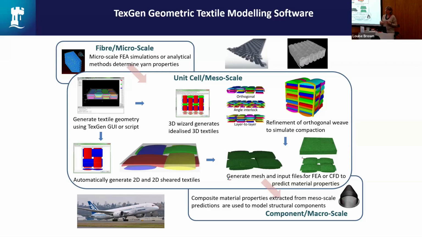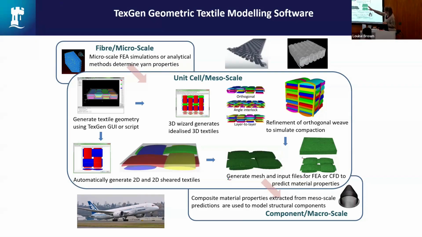If you're designing a mold, you put your fabric into a mold, and then you're trying to work out where your inlet ports are and how the resin's going to infuse through it. You need to know how it's going to flow through so you don't get any dry spots. So that's why you want to predict permeability. So that's how TexGen fits in.